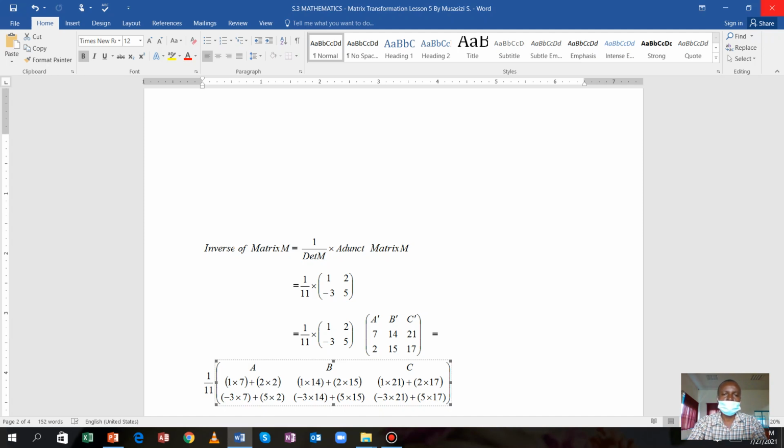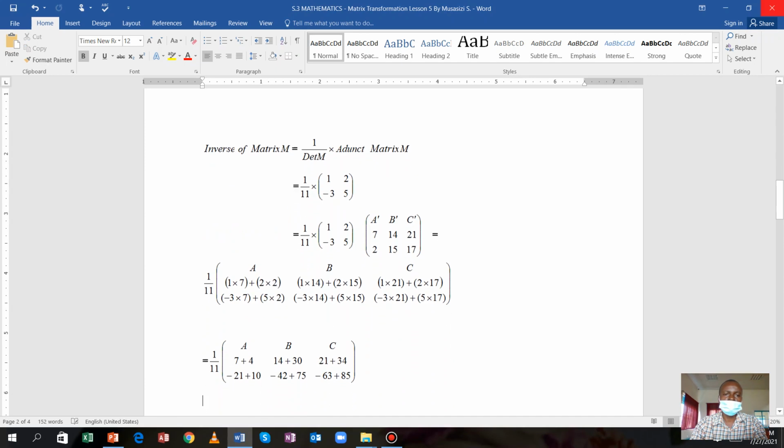Then the second row of the matrix, we have negative 3 and 5, so it should be multiplied by each of those points, A prime, B prime, C prime. So we are going to have negative 3 times 7 plus 5 times 2. Then for B prime, it is negative 3 times 14 plus 5 times 15. Then C prime, it is negative 3 times 21 plus 5 times 17.